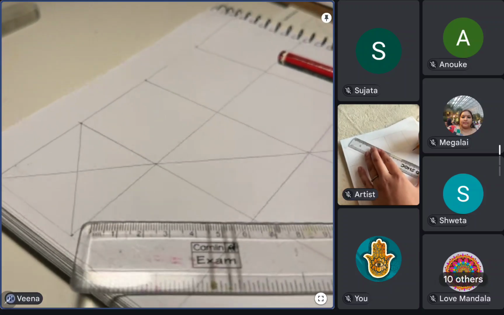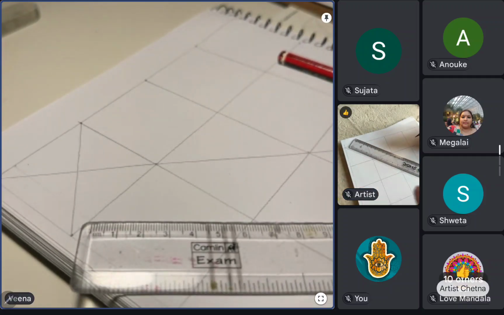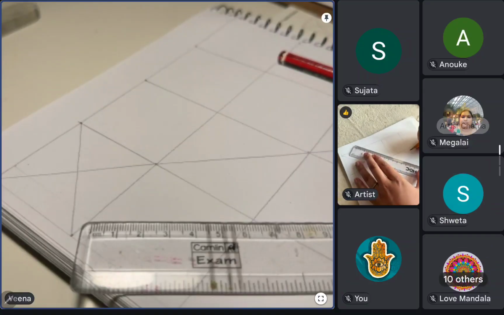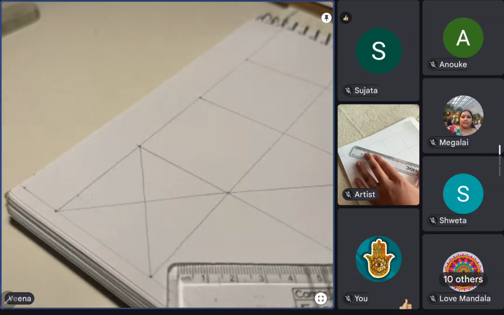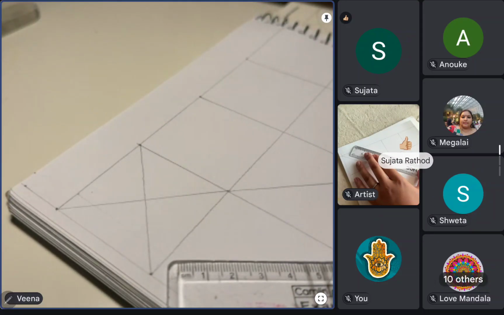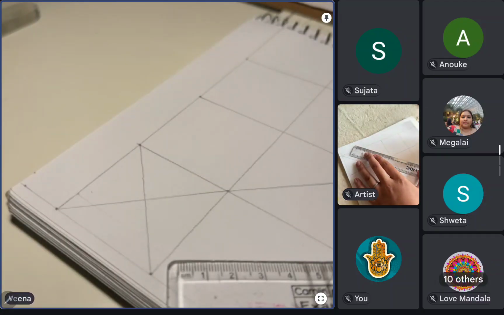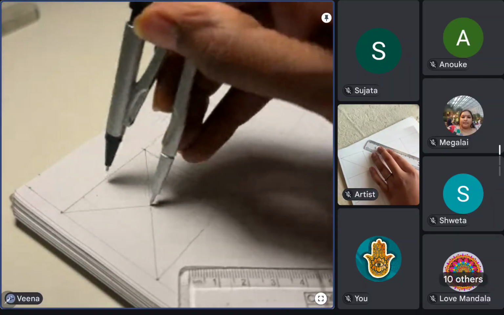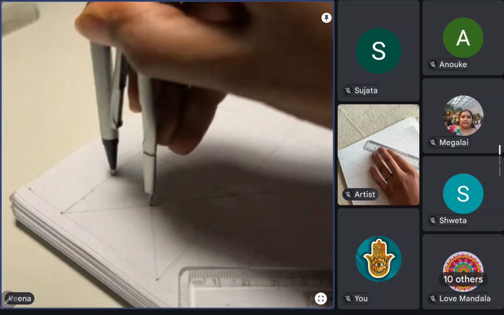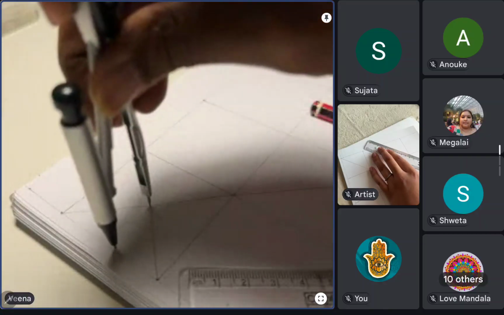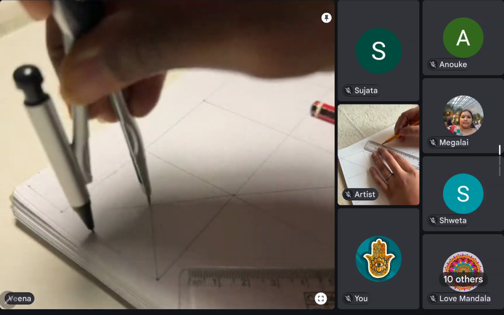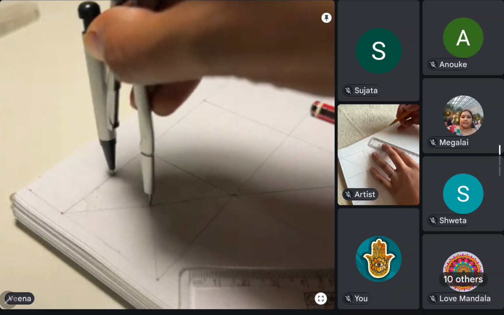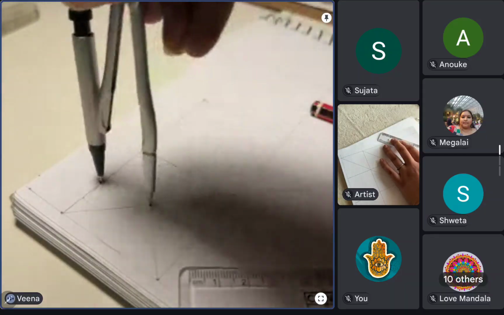Is everyone okay so far until here? You've got your squares. Okay. And then take your compass and then draw the circle.